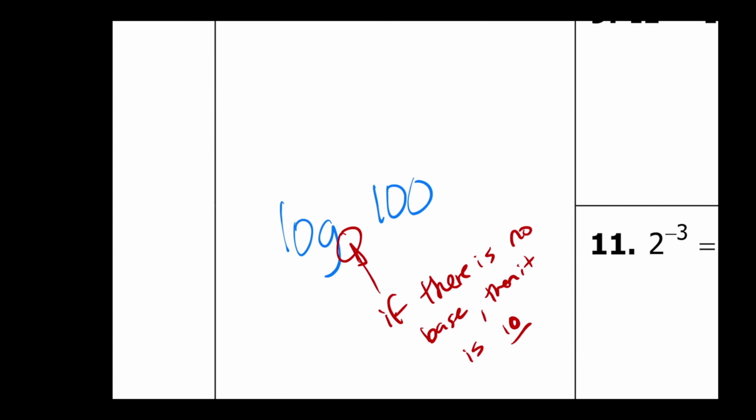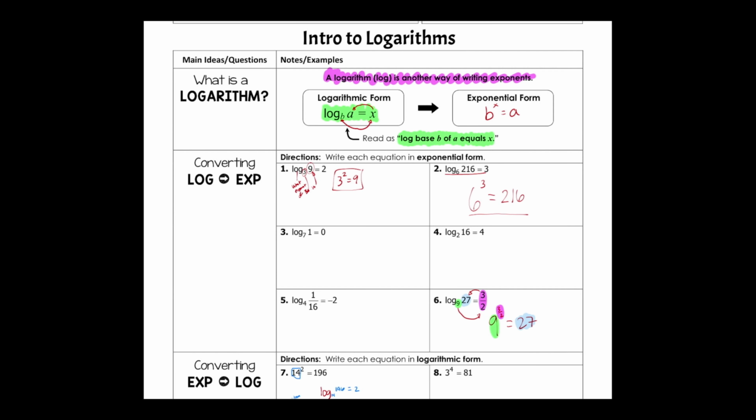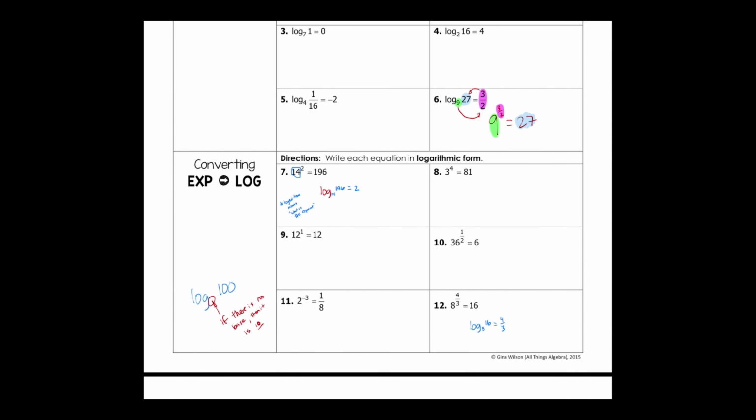Most people like to change it to base 10 or something called the natural log, base E. E is a number, yes. E is like pi, it's a number. But most times it's base 10. All right, everyone good on going from logarithm to exponent and then exponent to logarithm? Now's the time to ask if you are confused.